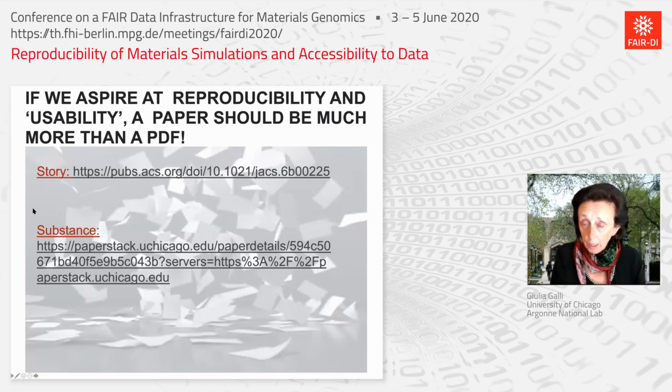The story that you put out there in a PDF, for example this one of a paper that we published some time ago, is a summary of a piece of work.